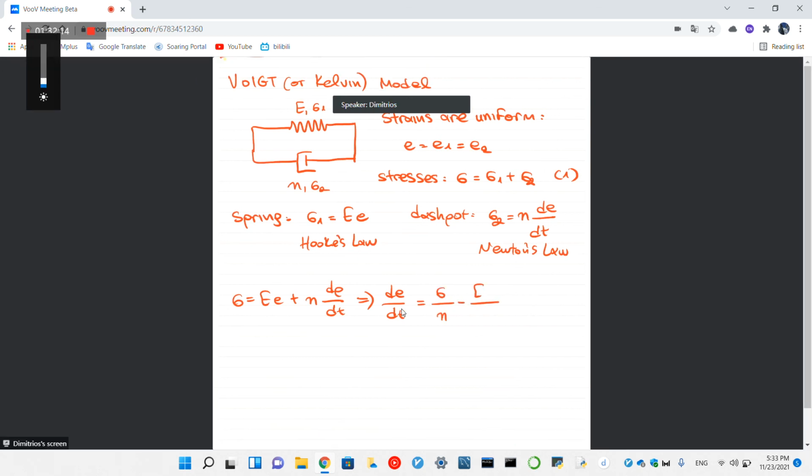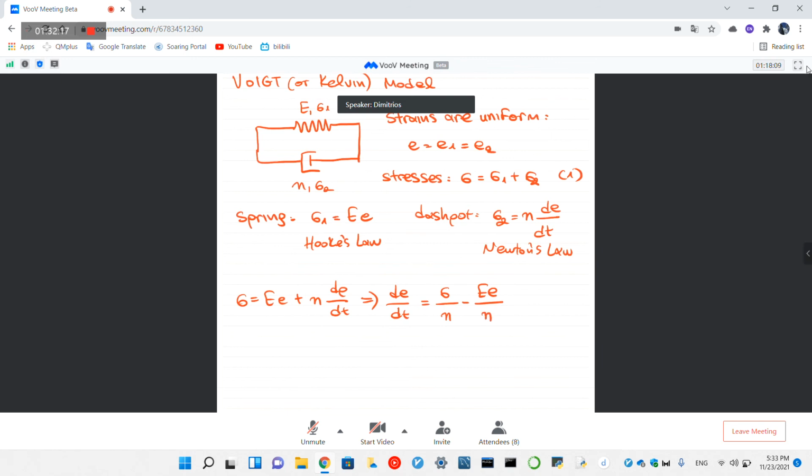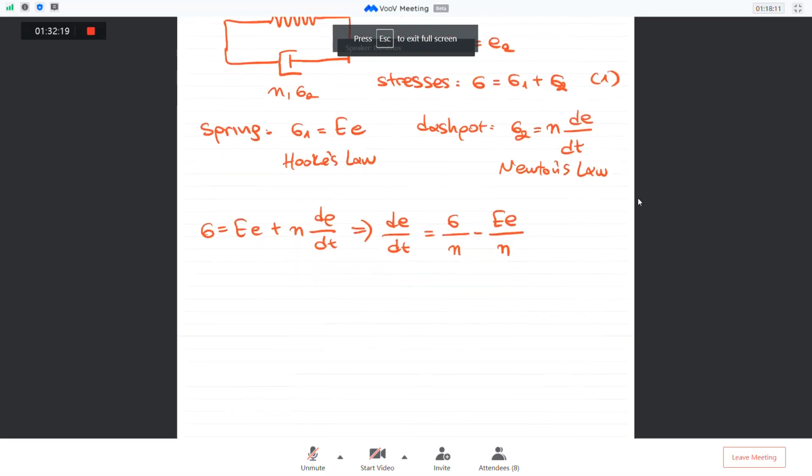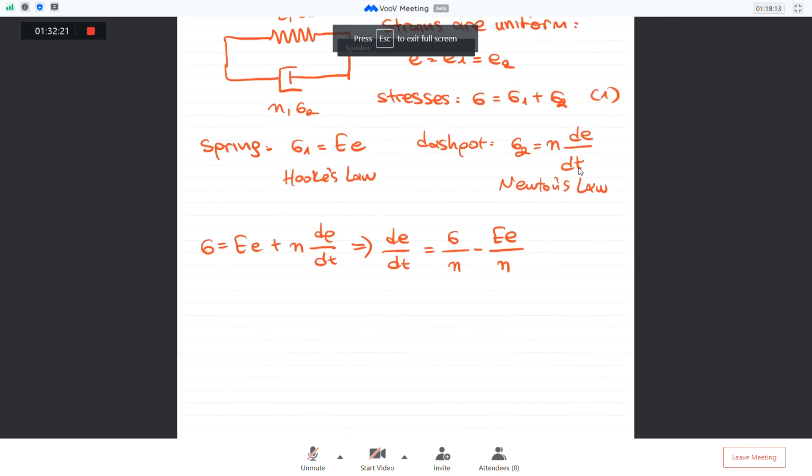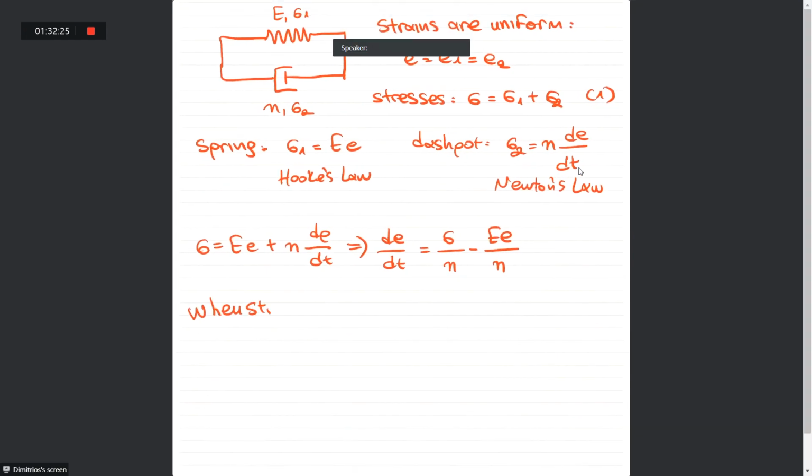When the stress is held constant, sigma is equal to sigma 0.